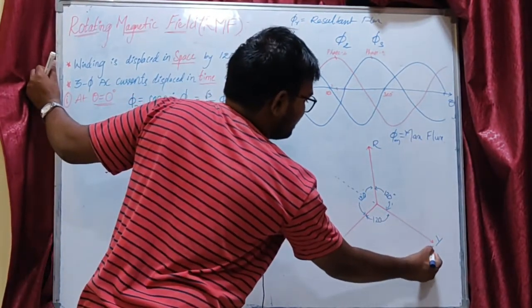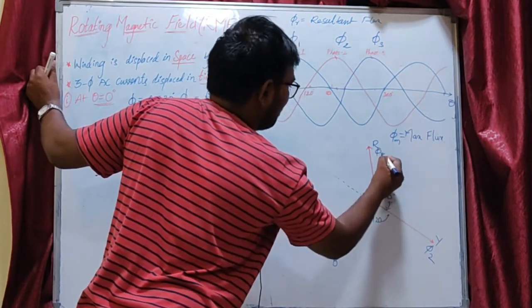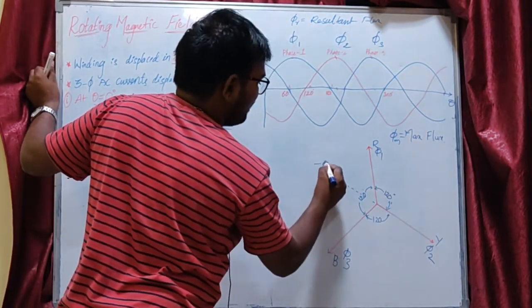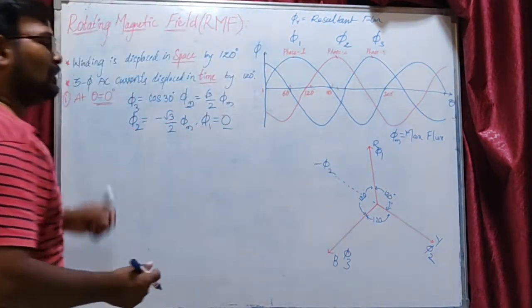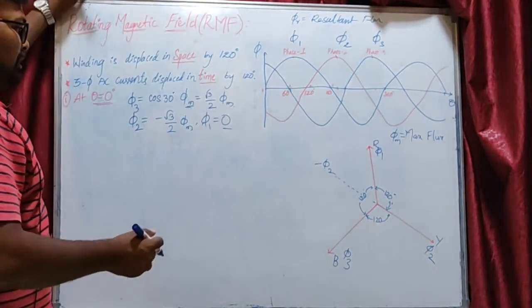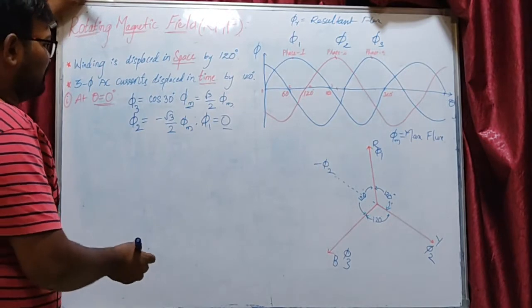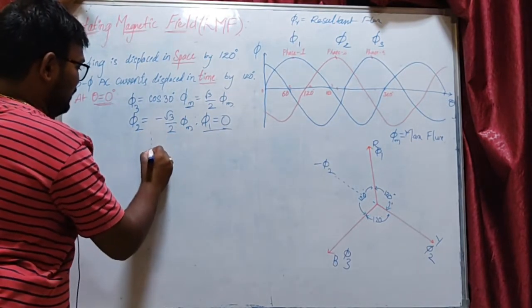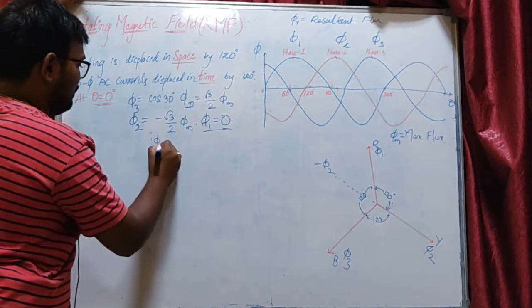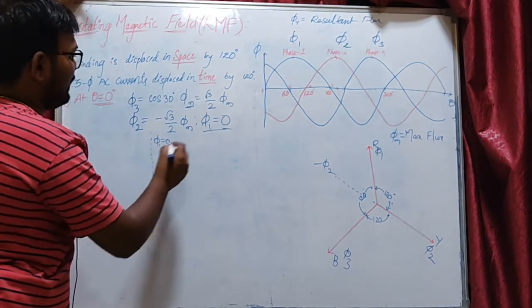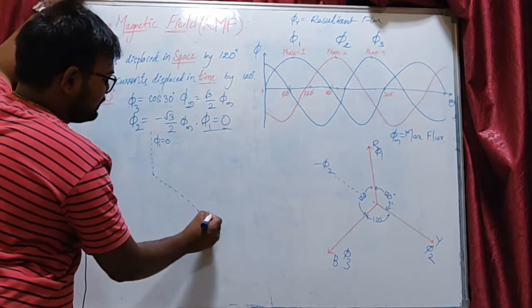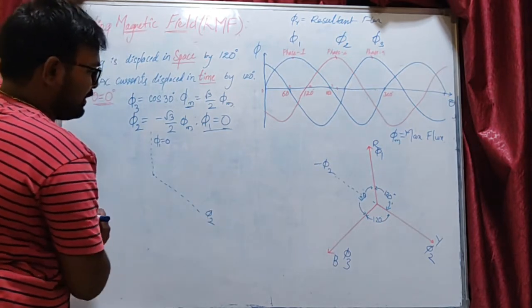If I consider this as positive phasor phi 1, phi 2 and phi 3, the minus phi 2 will be opposite to plus phi 2. Okay. Now I am drawing the phasors here. For phi 1 it is 0, so I am making it a dot. What is happening to phi 2? Phi 2 is negative. Let us say this is phi 2.